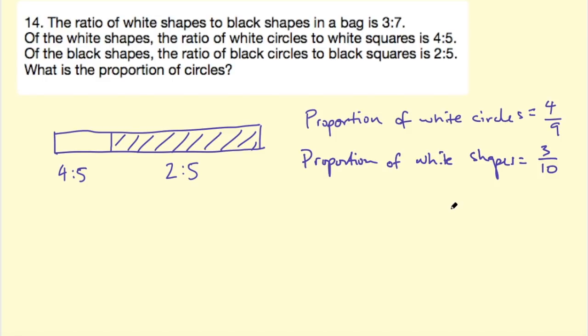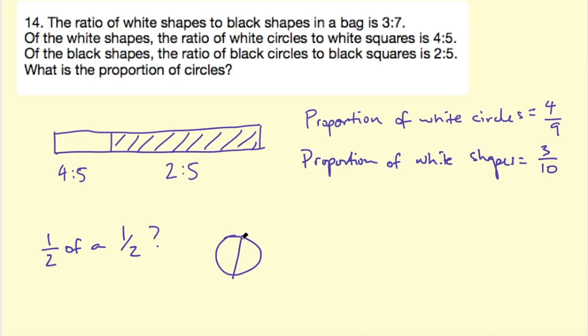Now I want to find out the fraction of white circles in the total number of shapes, because that's what the final question is asking. And it might not appear immediately obvious, but if I asked you, say, what's a half of a half? You can draw a diagram here. I've got half a pizza.